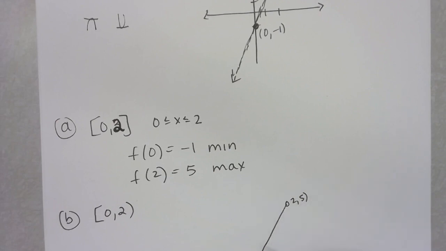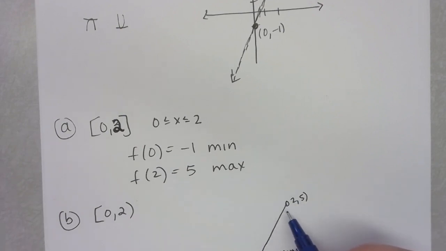Based on this picture, I have a minimum, but I don't have a maximum because the biggest point is at 2, but it's not included. So this one has a min but no max.